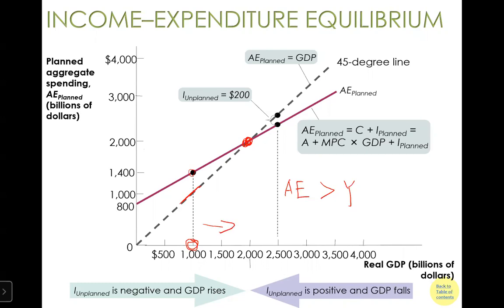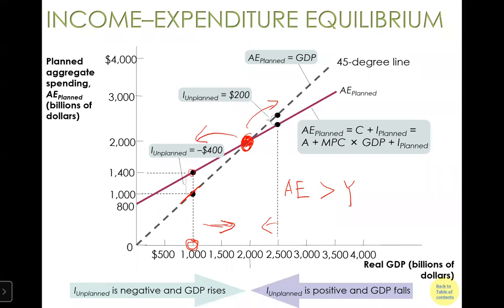To bring them together, you can see that if we are on the right hand side of this cross, there's a force that's going to bring down the production. If we are on the left hand side, meaning we produce too little, there are forces going to bring up the production.